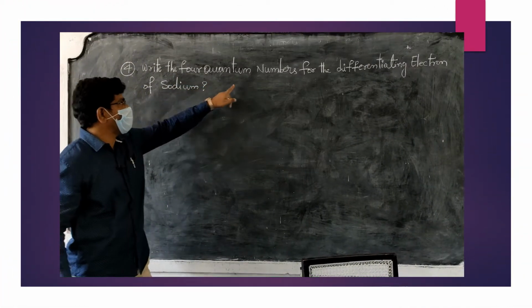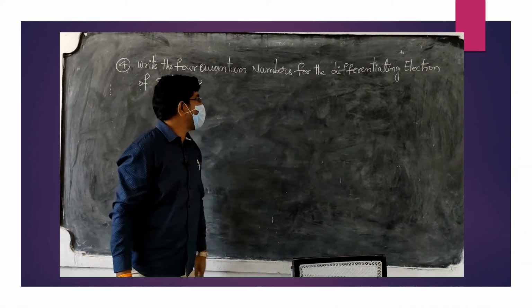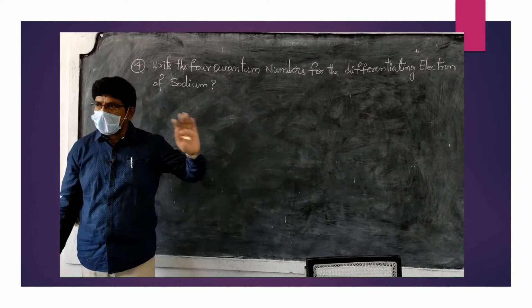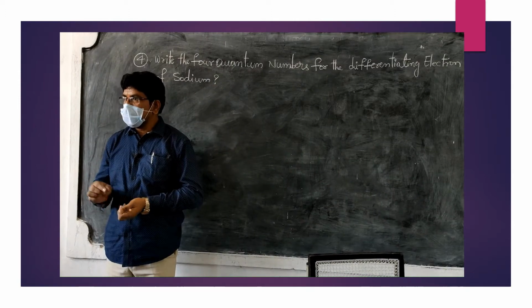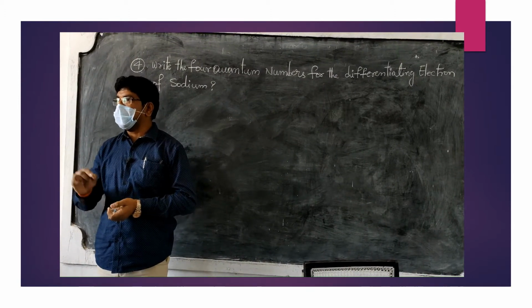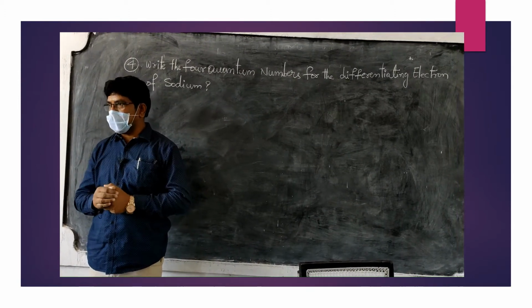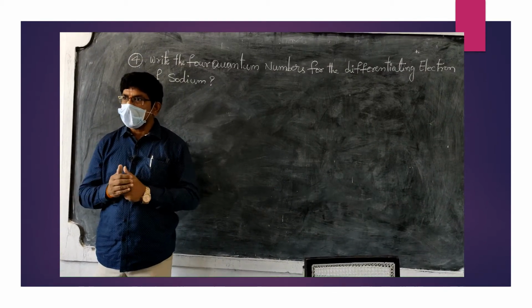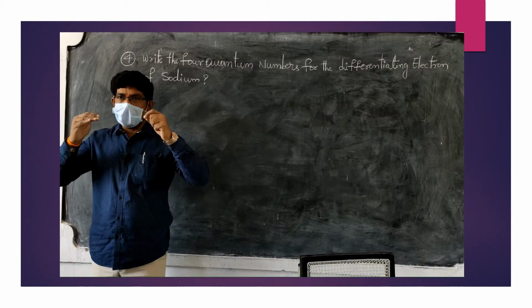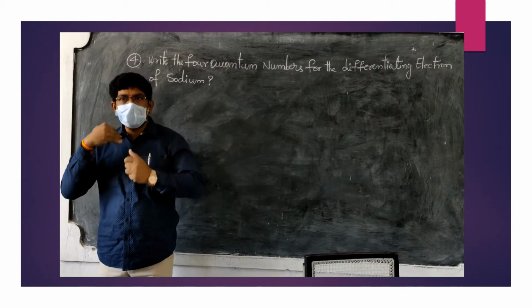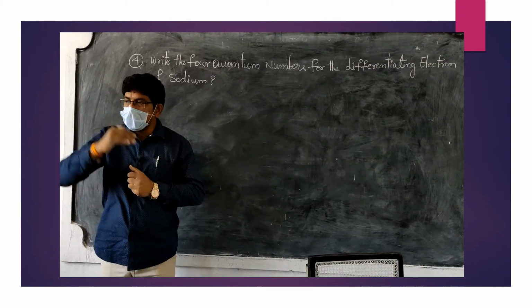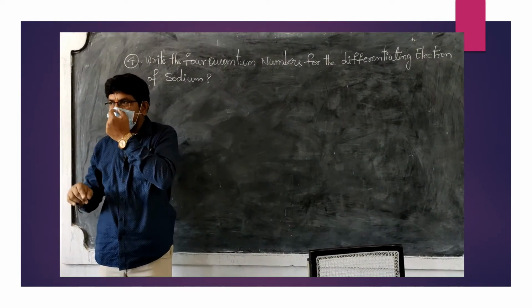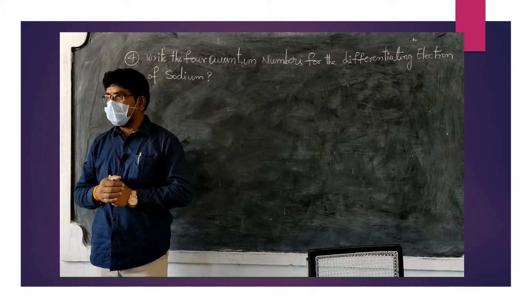Write the 4 quantum numbers for the differentiating electron of sodium. Before answering this question, you should know what is meant by differentiating electron. What do you mean by differentiating electron? The electron which is farthest from the nucleus, or the newly added electron.